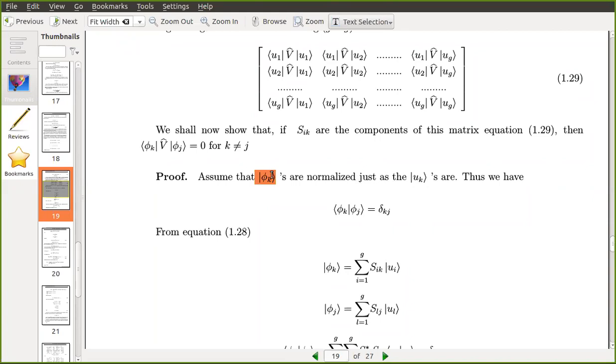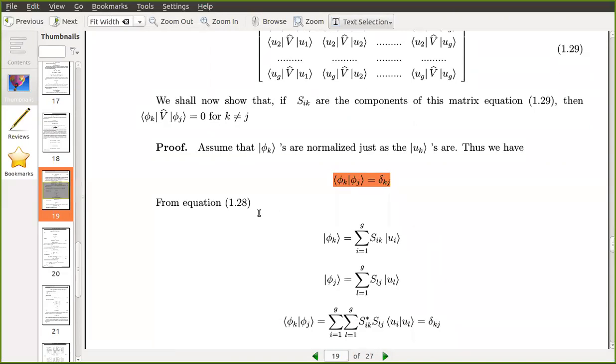So now you assume that phi k's are also normalized. Then you can write the scalar product phi k phi j as delta kj. This is the orthonormalization. Phi k's are normalized, and if k and j are different, they are orthogonal.